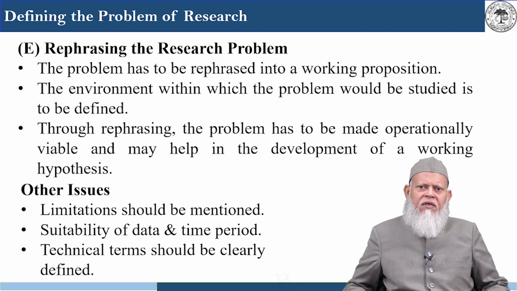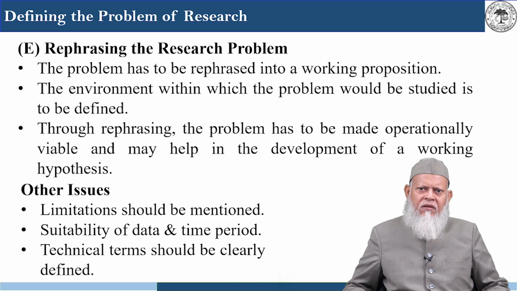Suppose somebody wants to study, say, India Saudi Arabia trade, then he has to fix a period. Why? Because then he can manage it. If he does not fix a period, then what would happen? He cannot study the trade for, say, 50 years or 100 years.